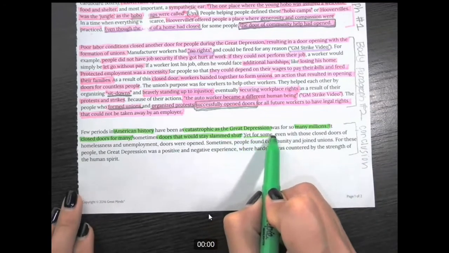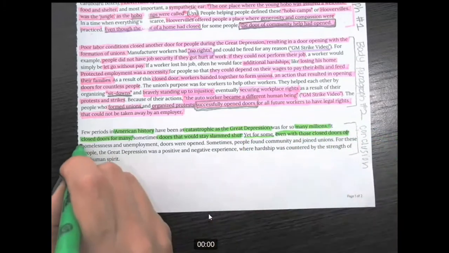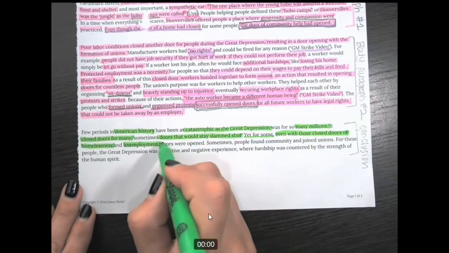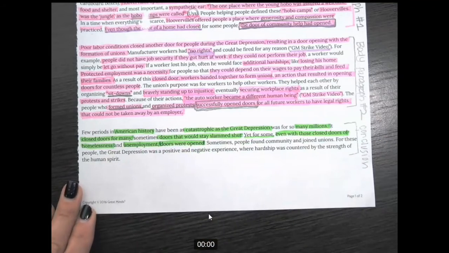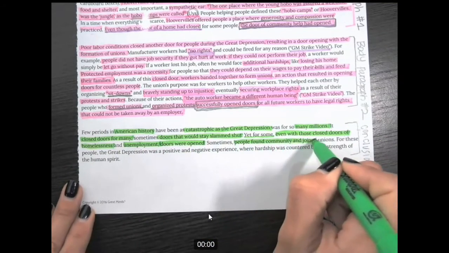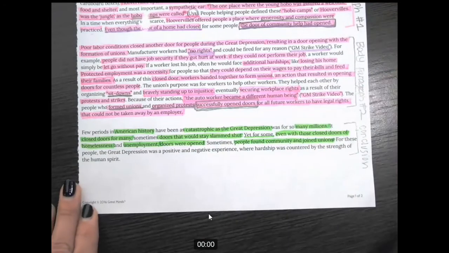Yet for some, even with those closed doors of homelessness and unemployment, which were our main ideas, sometimes doors were open for them. We talk about in our conclusion how people found community and joined unions, right? That is what our body paragraphs were discussing.